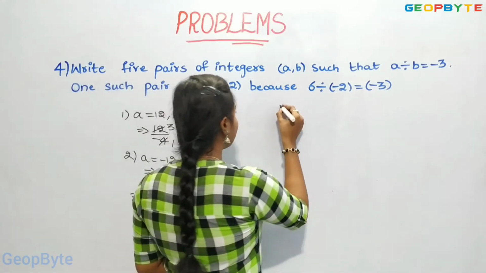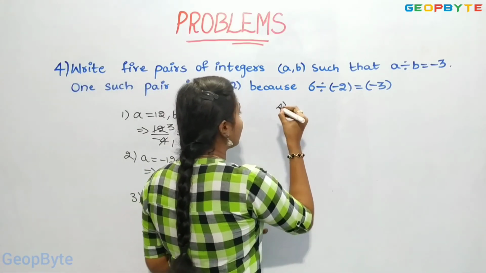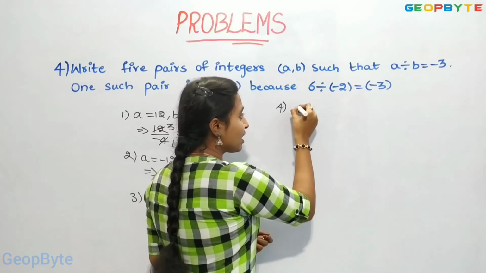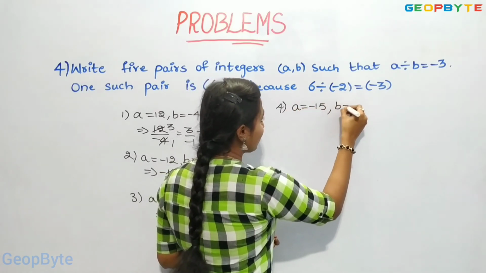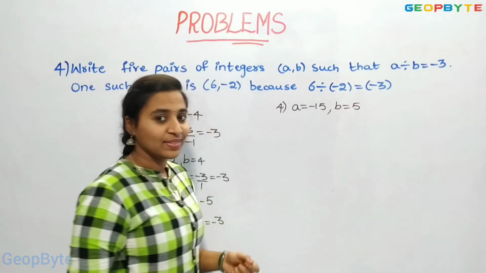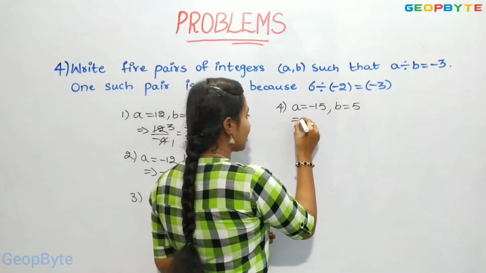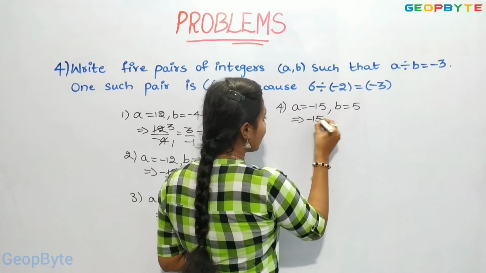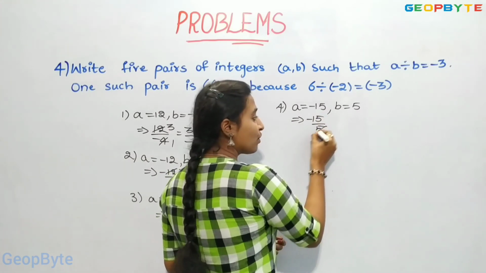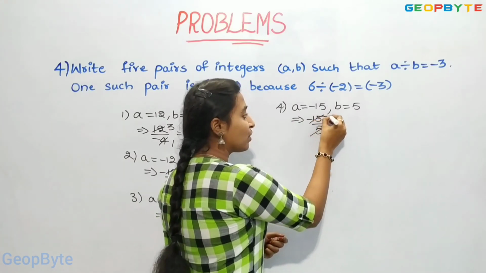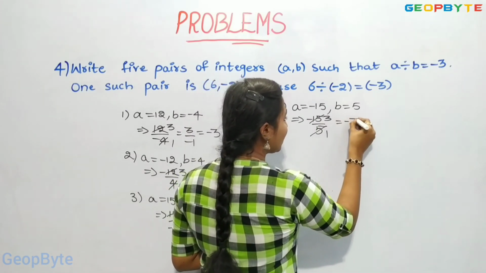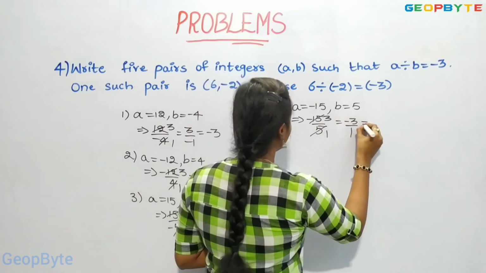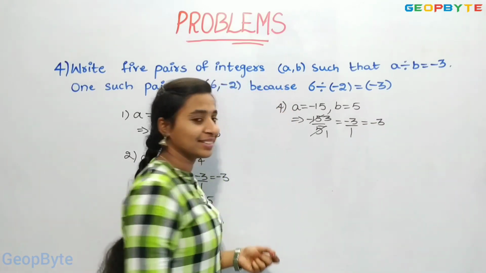Now, let us take the fourth condition as a is equal to minus 15, b is equal to 5. Now, minus 15 by 5. 5 ones are 5. 5 threes are 15. It is minus 3 by 1, that is equal to minus 3.